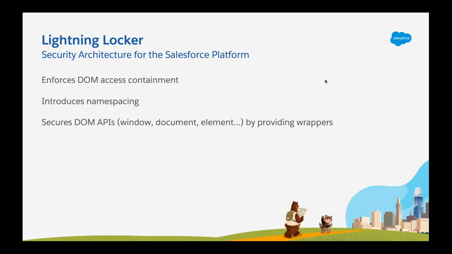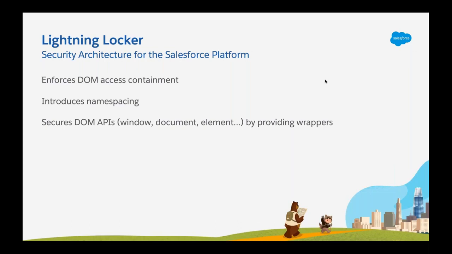So what Lightning Locker service does is that it enforces this DOM access containment, and it enforces people to only have access to their own part of the DOM. So every component has access to its own component and its children.